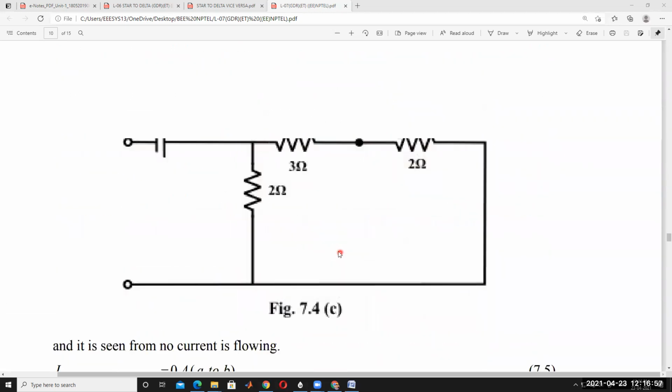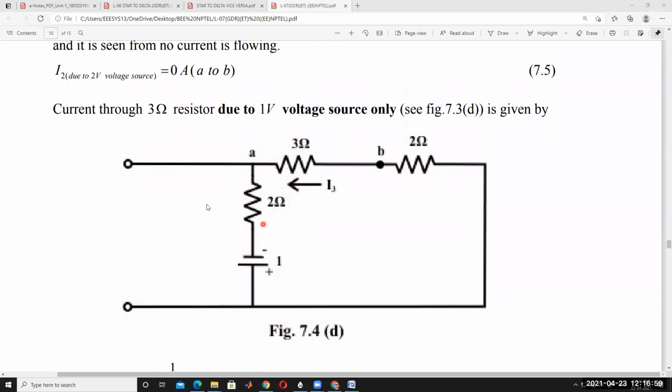So you will get the network like this. Only because of the 1 volt voltage source, we find the current flowing through the 3 ohm resistor. The current because of the 1 volt voltage source is in the opposite direction, B to A, because of a high potential in the downwards direction and a low potential in the upward direction. Current is always from high potential to low potential.